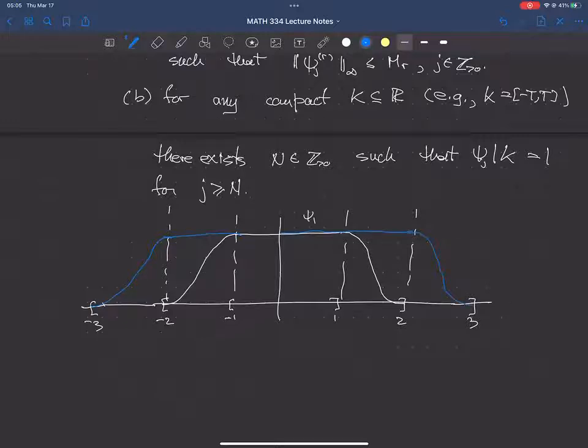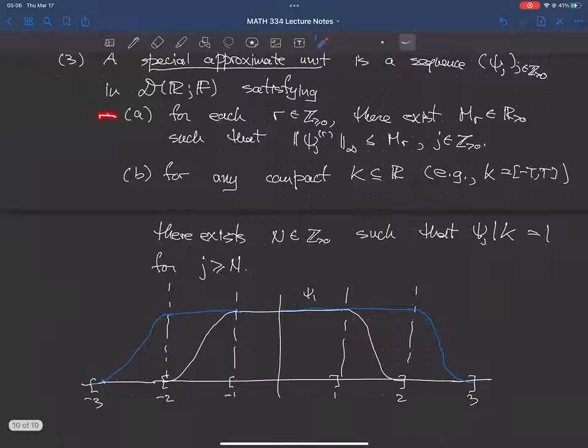And if you choose to cut these things off outside the interval that you're talking about in the same way, so in other words, you've just taken this chunk the same as that chunk just shifted, then you'll be sure to satisfy condition A, and the sequence is obviously constructed to satisfy condition B.